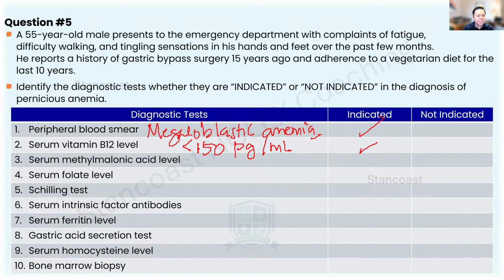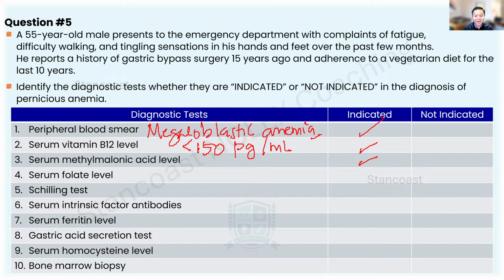Okay. What about number 3, serum methylmalonic acid? So what does that mean? Is it going to be needed as one of the diagnostic tests? Correct. It is going to be indicated. Guys, it is going to be highly specific for the vitamin B12 deficiency.